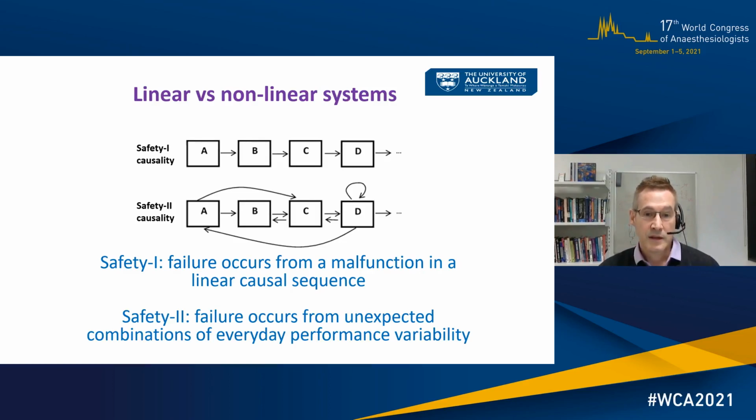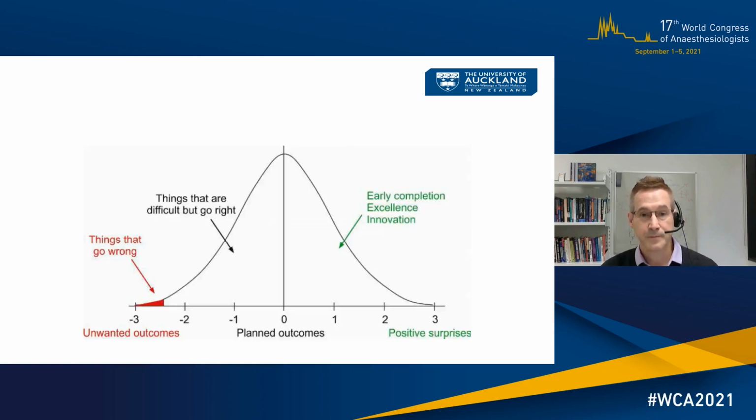In Safety 1, failure occurs from a malfunction in a linear causal sequence. Under Safety 2, failure occurs from unexpected combinations of everyday performance variability. And actually, that means that things can go wrong when there's no broken parts in the system. This is much more like what happens in healthcare.